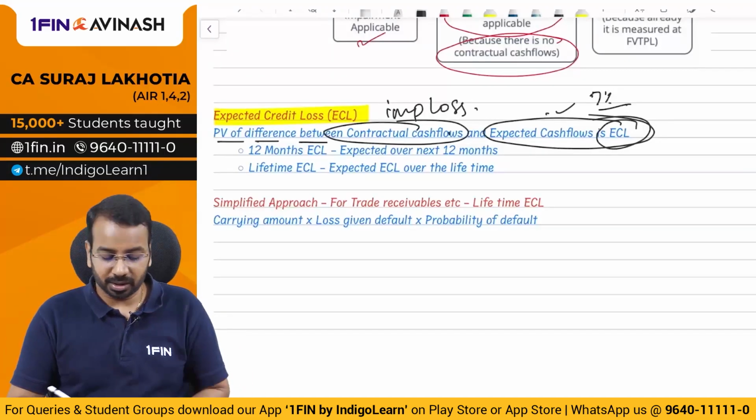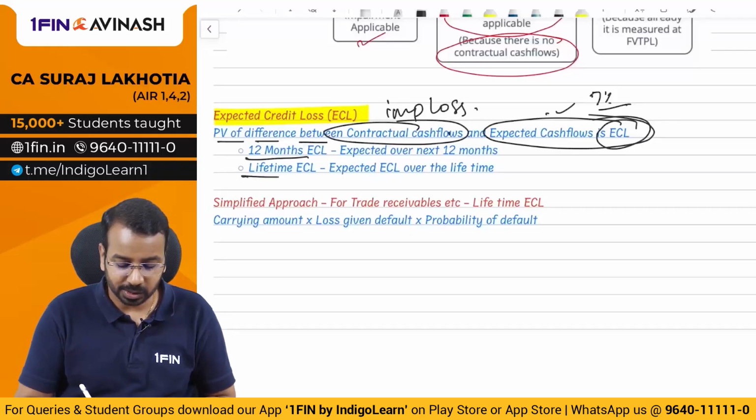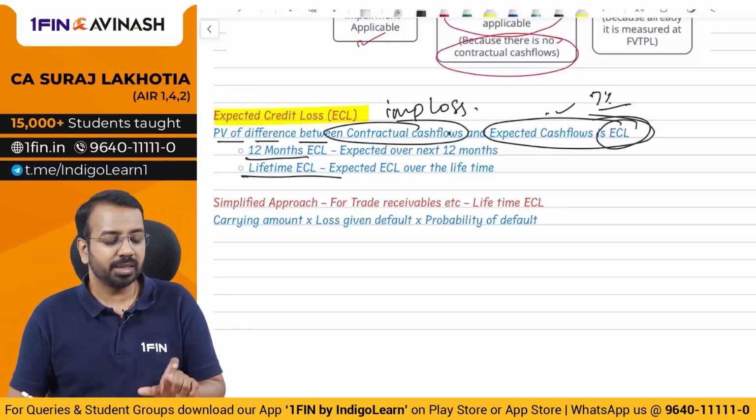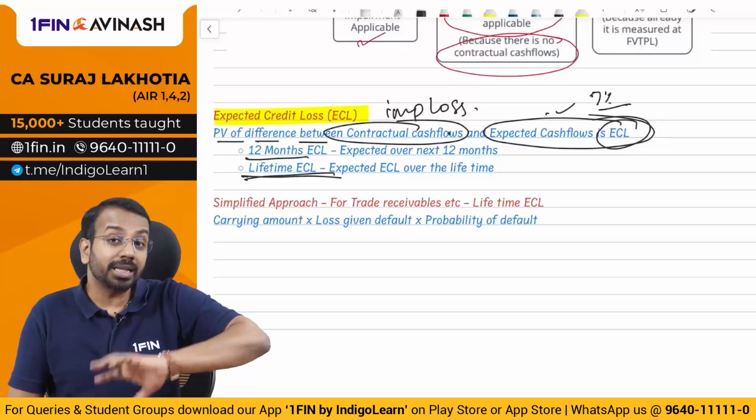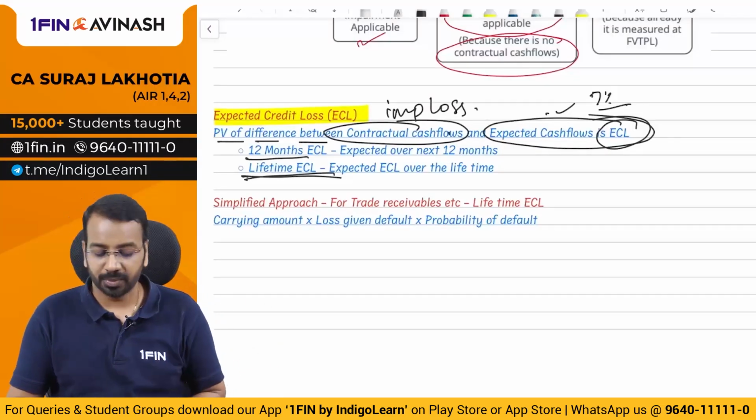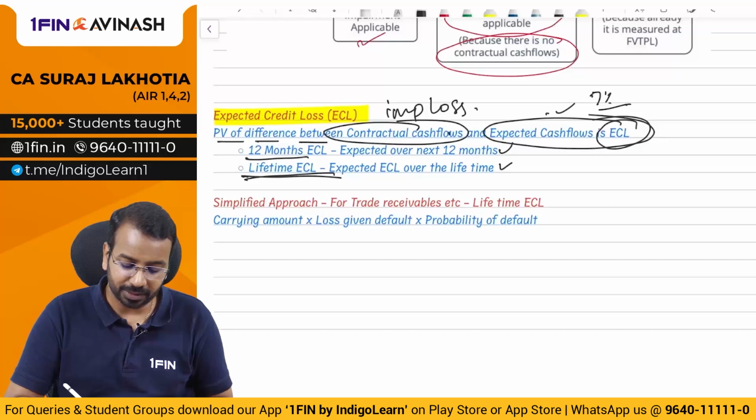Now expected credit loss can be done on 12 months ECL basis, on lifetime ECL basis. 12 months means in the next 12 months how much will we lose, and lifetime is over the life of the instrument how much will we lose. Sir, when to calculate 12 months, when to calculate lifetime?